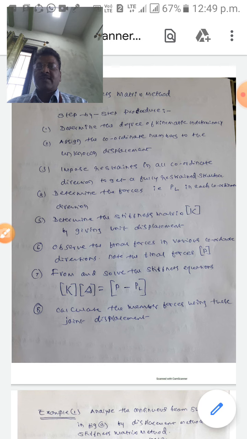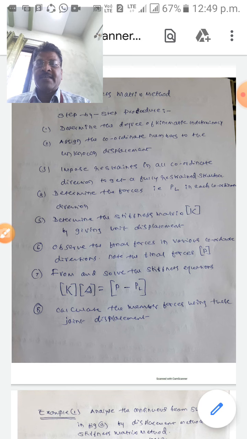The procedure for the stiffness matrix method is, first of all, determine the degree of kinematic indeterminacy. So before attempting the problem, try to identify the degree of kinematic indeterminacy.